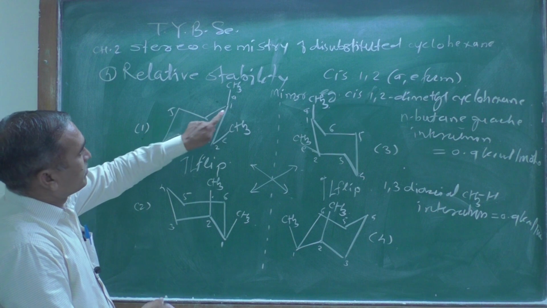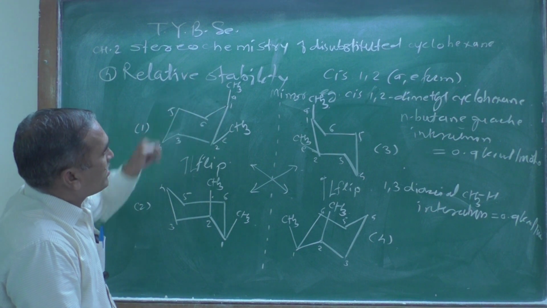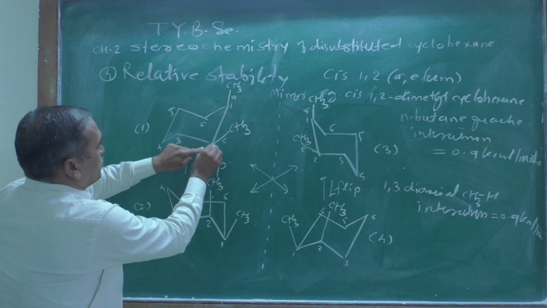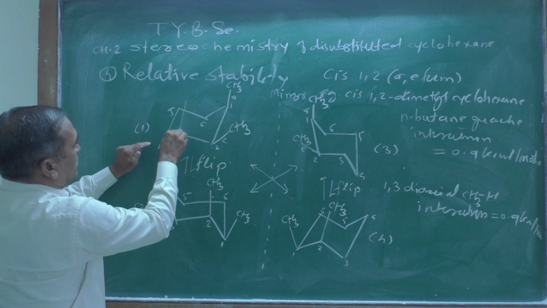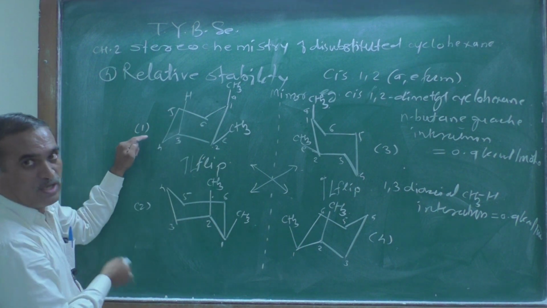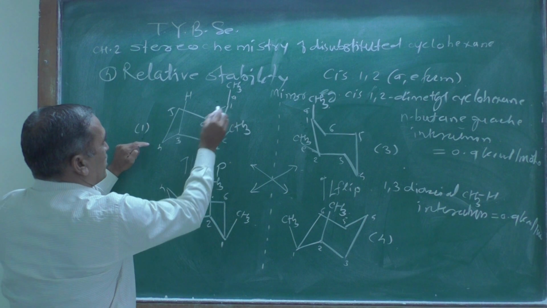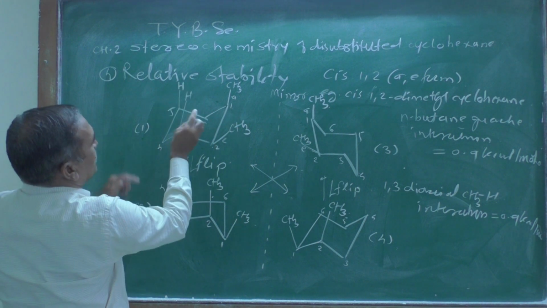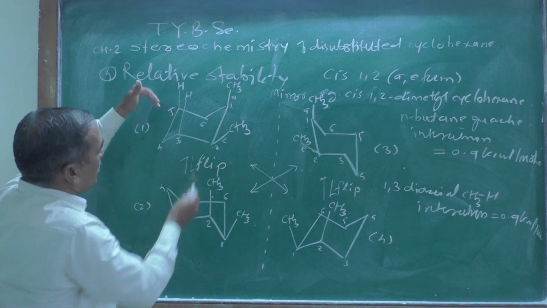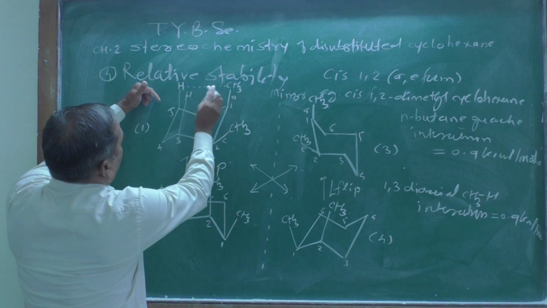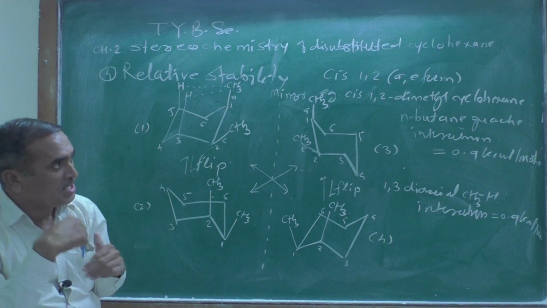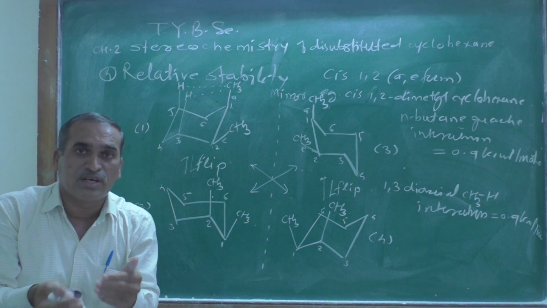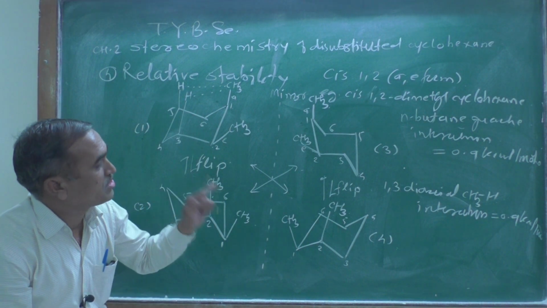Now look here. One methyl group is at axial position 1, 2 and 3. At the 3 position there will be a hydrogen atom at axial position. Here is also one hydrogen atom at axial position. When they come to this position, they generate the 1,3-diaxial interaction.